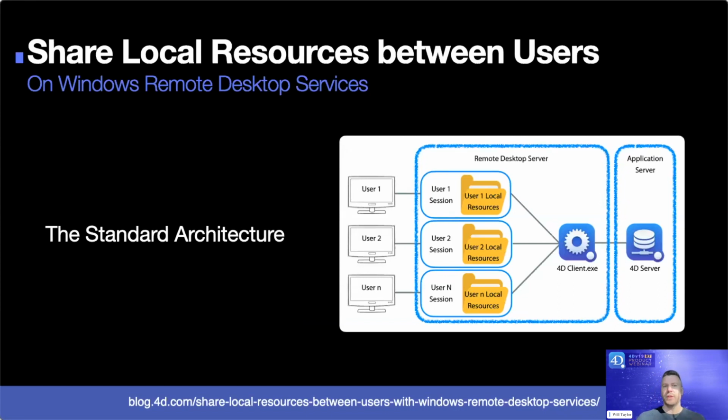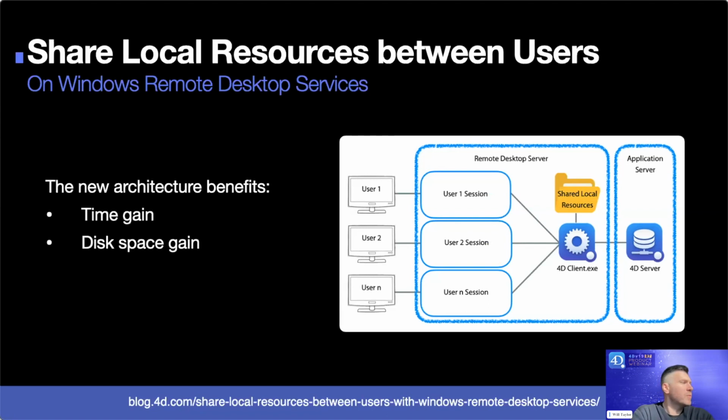Every user session in an RDS, remote desktop service environment, had its own local resources folder. Now, this is a potential waste of disk space, so many developers asked for a way to optimize this. And now in 19 R7, we have a new XML build key to manage this.